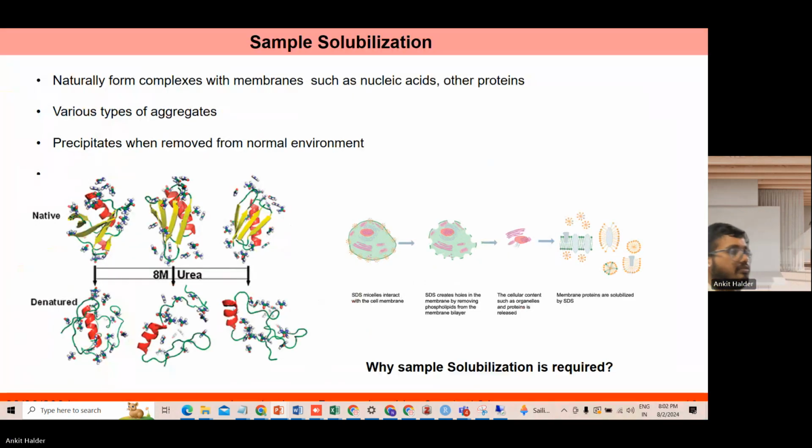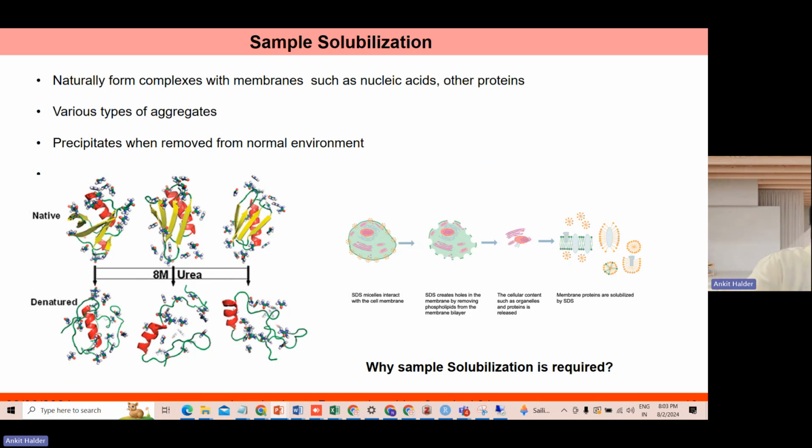Proteins naturally have a tendency to form complexes with membranes, nucleic acids, other proteins, etc. There can be various types of aggregates, and the proteins precipitate when removed from their natural environment.